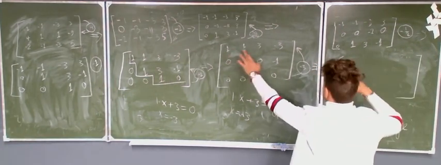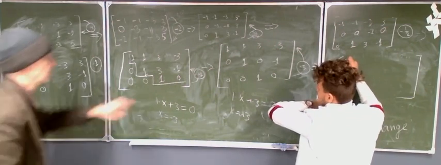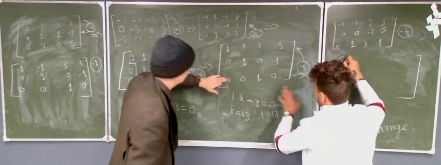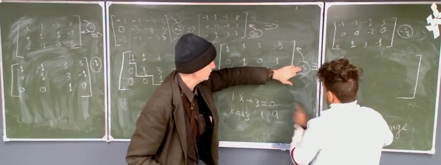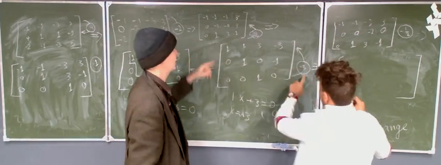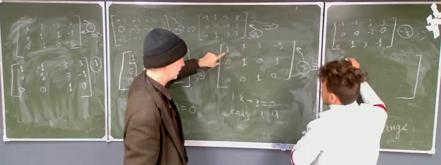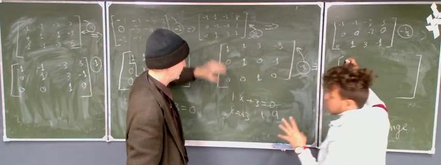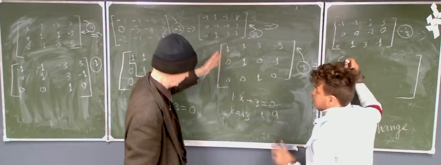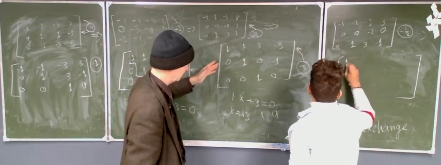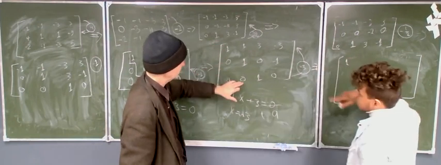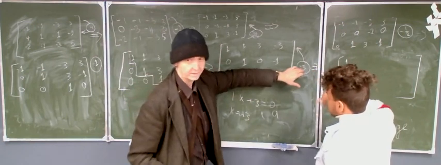0 multiplied by minus 3, that's 0. 0 and 0 added to 1. 0 plus 1, so 1. Here is similar. 0 times minus 3 is 0.